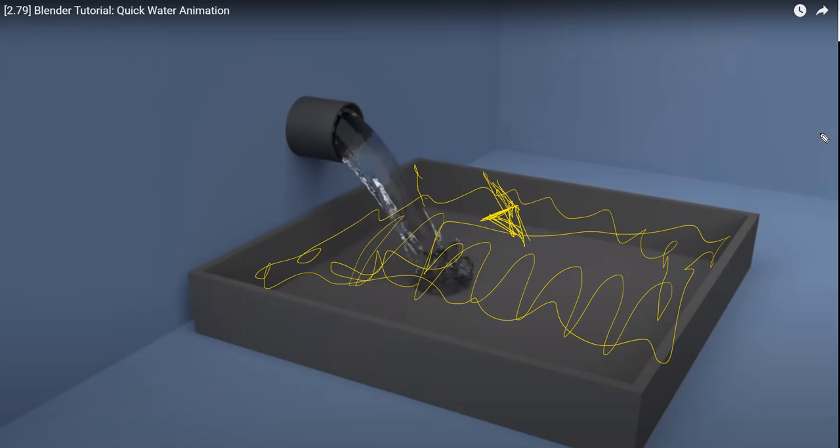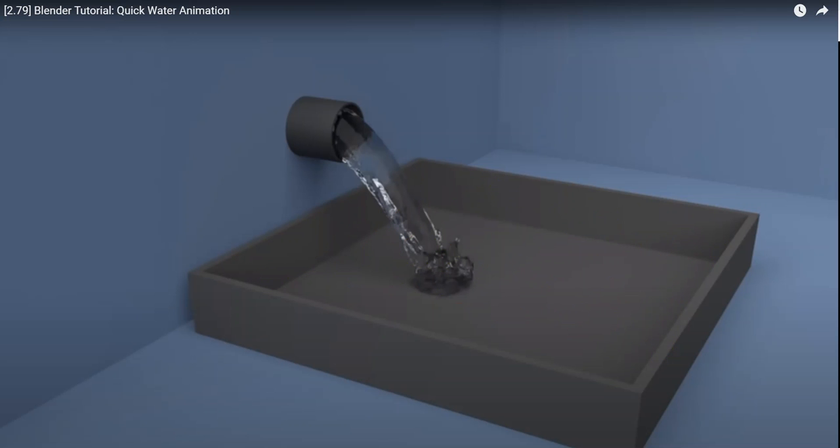So I want you to watch this little quick animation and think about this area here on the bottom of the box, before we put anything in it, the surface area of the bottom of the box.